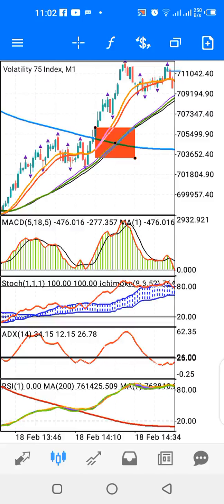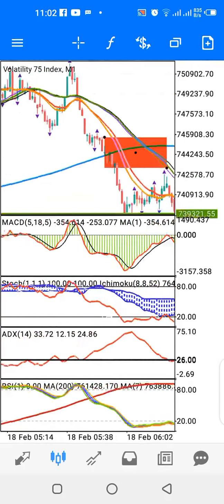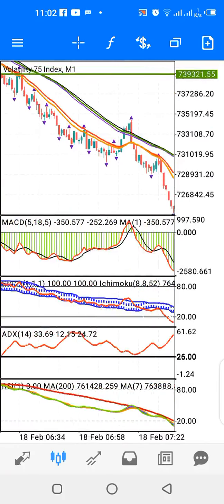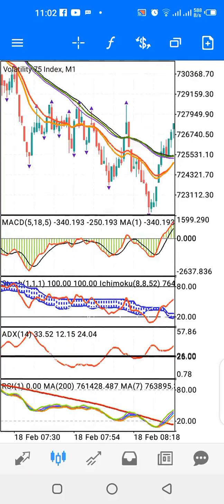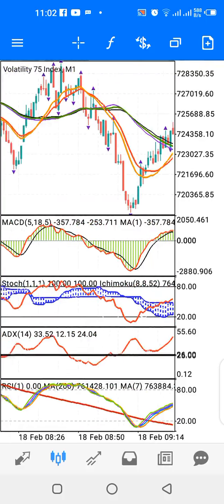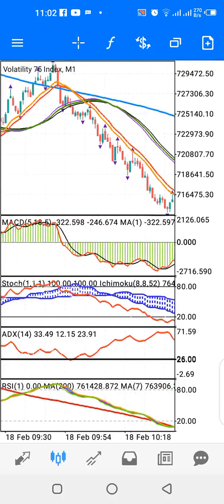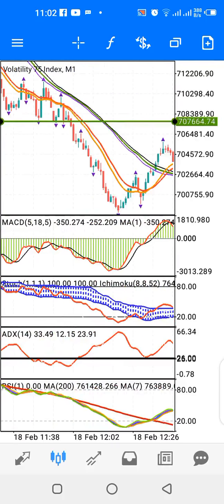Let's see, we enter this for this trend change around here. From 739,321 up to 707,664, that's like 30,000 points.